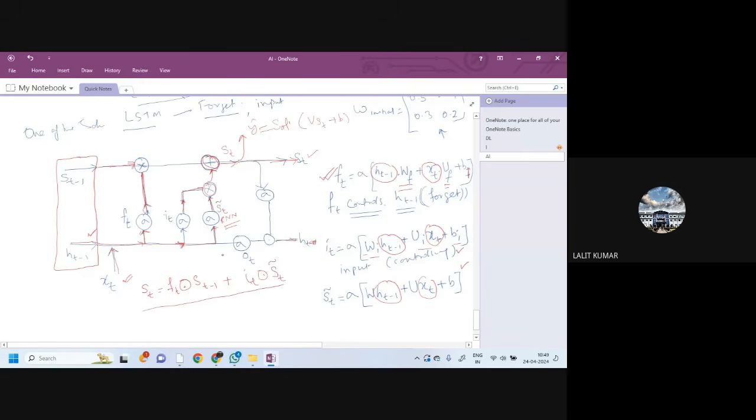Now जो last में है, input we have understood, forget we have understood. So forget is basically to control how much we want to read from the previous state, that is from HT minus 1. Input we want to control how much we read from the XT. Okay, we do the dot product, we add this, we get the ST. So ST straight away goes to the ST, and ST we utilize to calculate the Y hat.